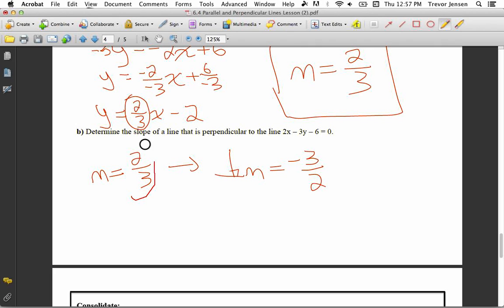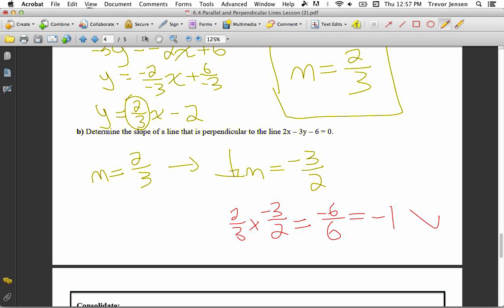The overall value of this fraction was positive, so the overall value of the perpendicular slope is going to be negative. And you can check and make sure that you've done this properly by multiplying these two together and making sure you get a product of negative 1. 2 times negative 3 is negative 6, 3 times 2 is positive 6, negative 6 divided by positive 6 is negative 1, so you've done this one right.